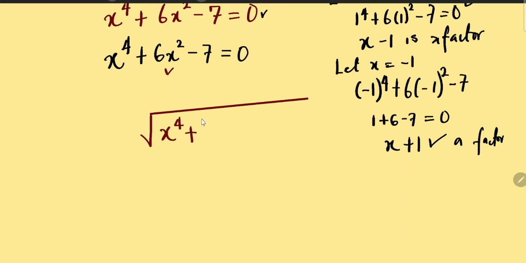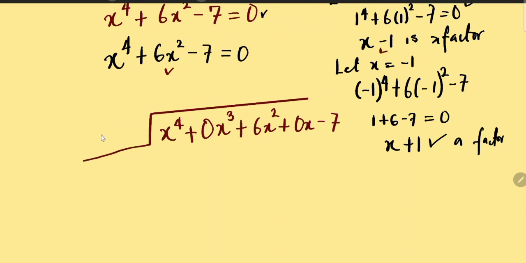We don't have power 3 here, so we can assume 0x raised to power 3, plus 6x squared. We don't have power 1, so we can have 0x, then minus 7. Then let's put in one of our divisors, one of the factors that we have here. We have the factor to be x minus 1.